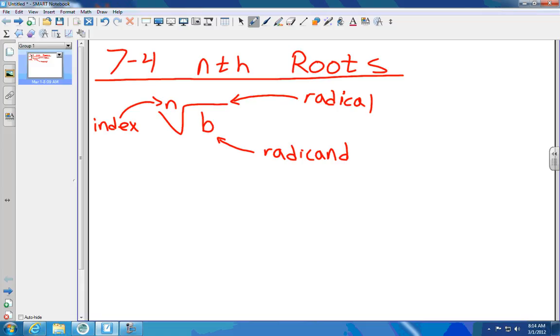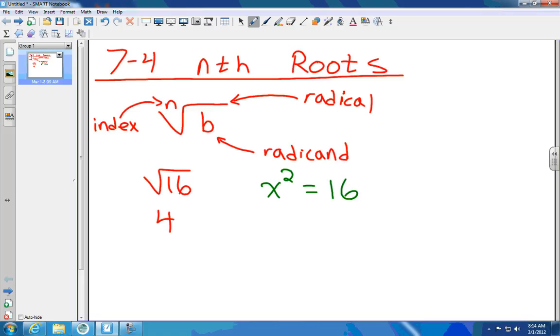So like I said, you're used to seeing problems like the square root of 16. And you'll again have that problem in your homework today. What is the square root of 16? 4. We know that we would write that as 4, but something that we've done in the past, we might have had x squared equals 16.